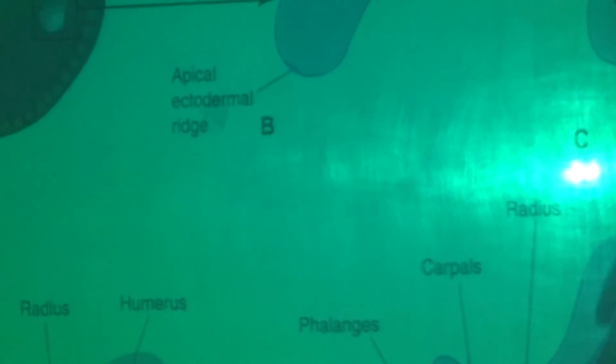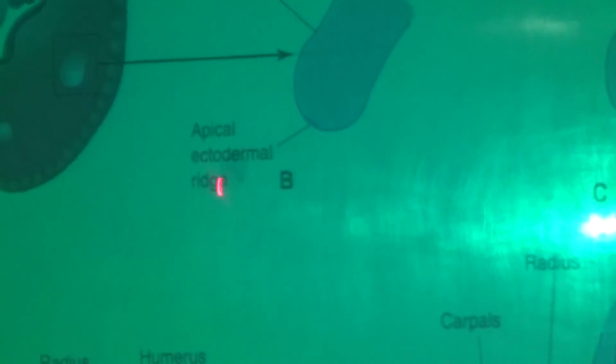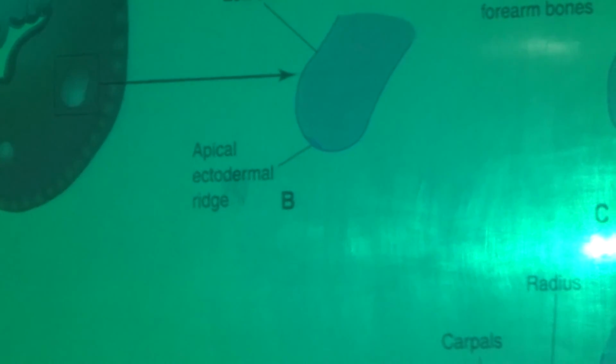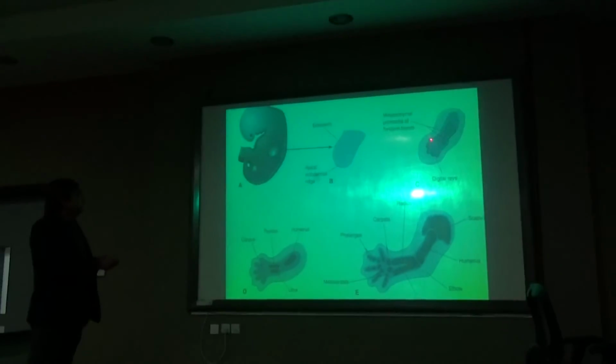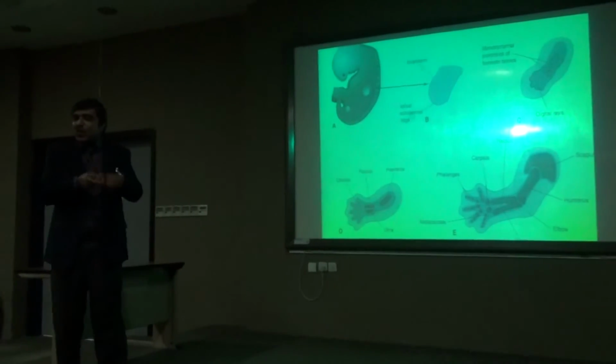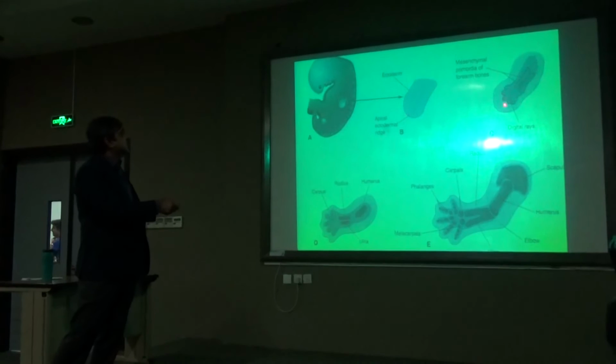Apical ectodermal ridge, AER. This grows it distally. Gradually, small rays develop inside this bud. Outside you cannot see the fingers, only inside these rays are present.